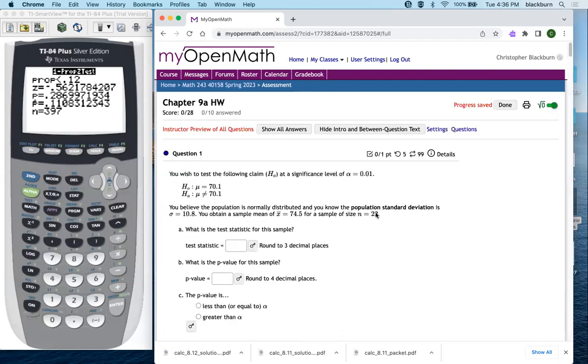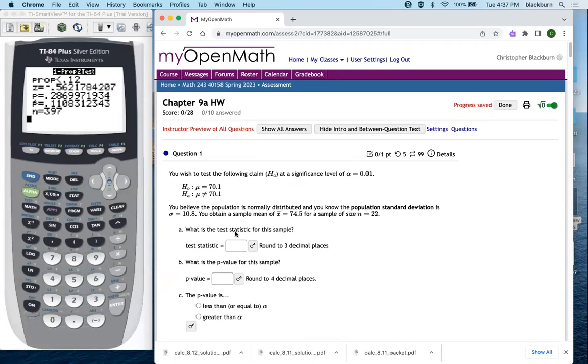So basically a hypothesis is something like this. You wish to test the following claim at a significance level of alpha equals 0.01. The claim is the mean is 70.1, and the alternate hypothesis, H sub A, is the mean is not 70.1.